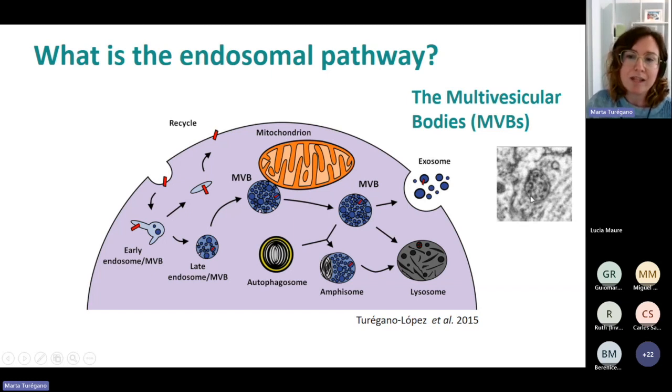And this term coincides with early endosomes and with late endosomes. So we have to be careful about that, because they are the main organelles of this pathway.